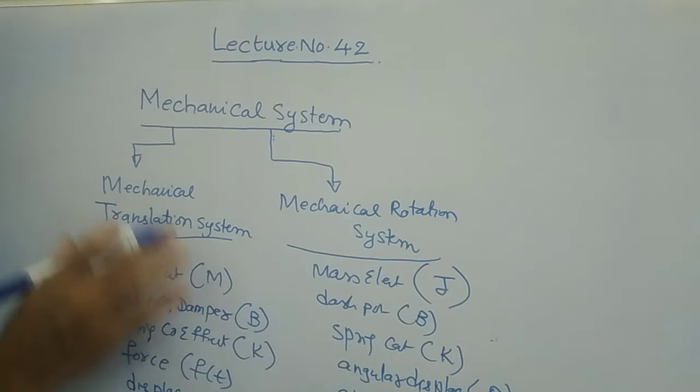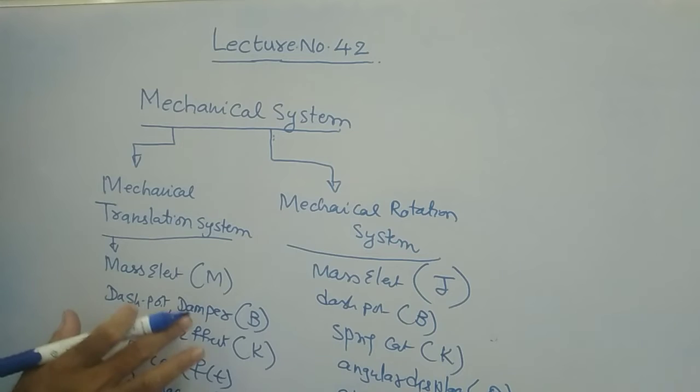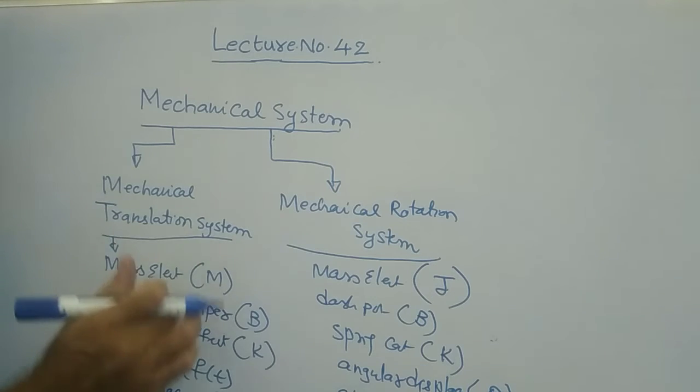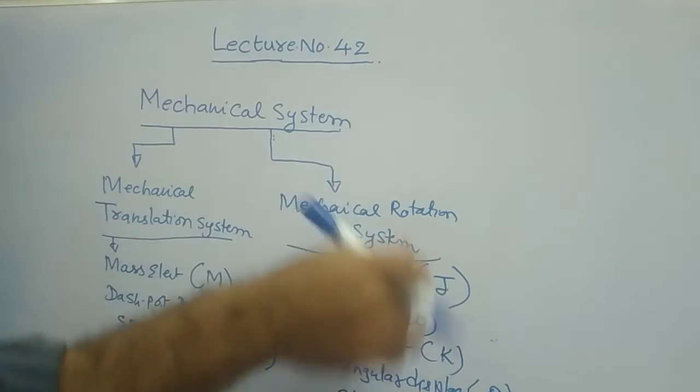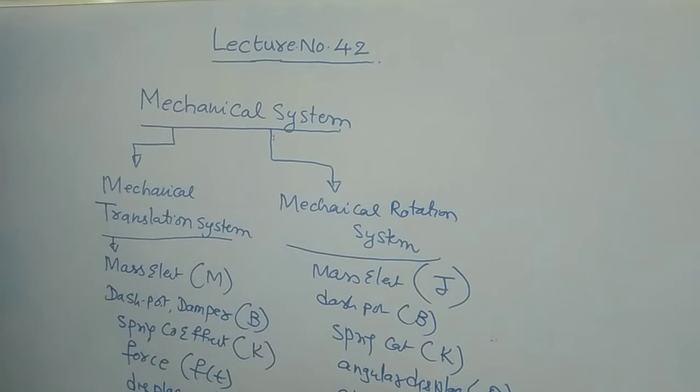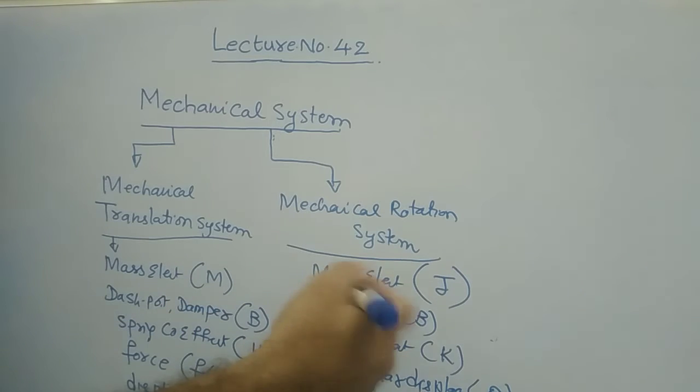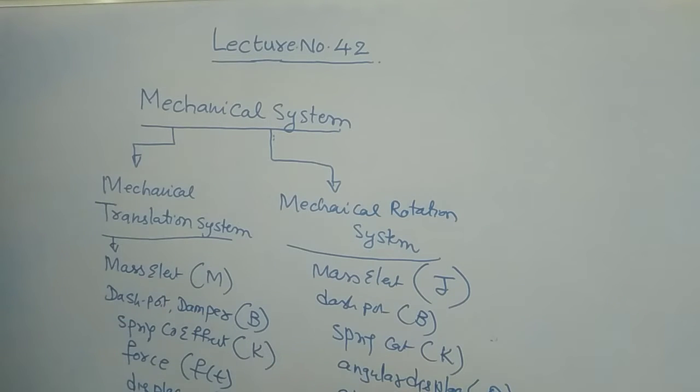F of t is the input in this case, x of t, your displacement, is the output for mechanical translational. Whereas in the mechanical rotational system, the input is torque T, and the output is angular displacement theta.